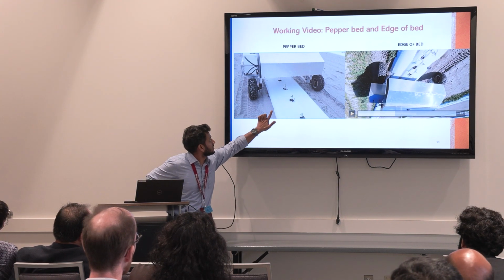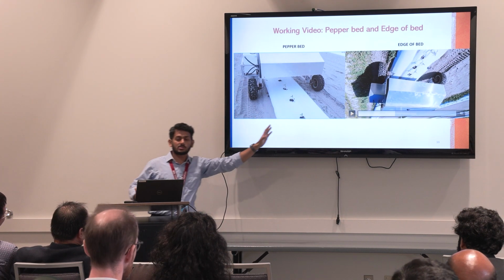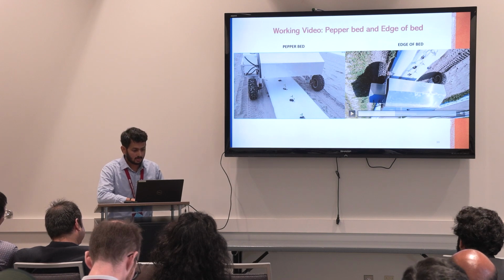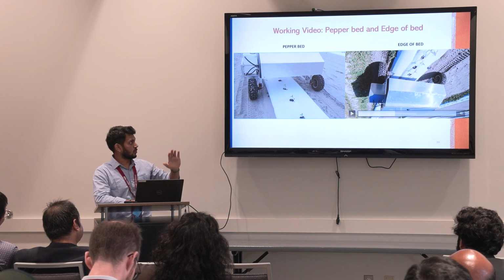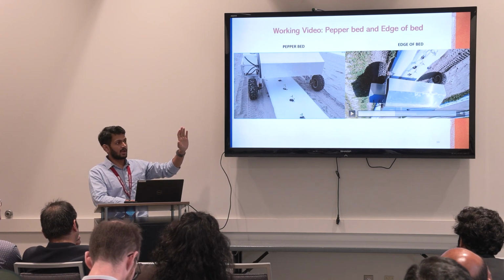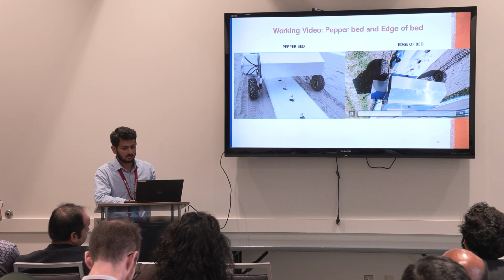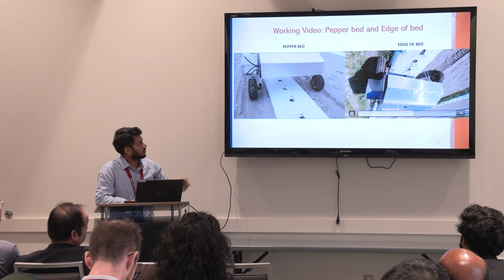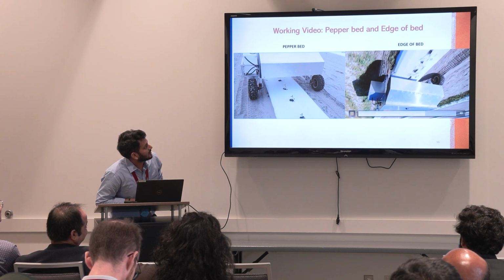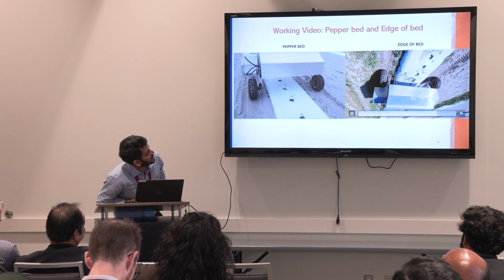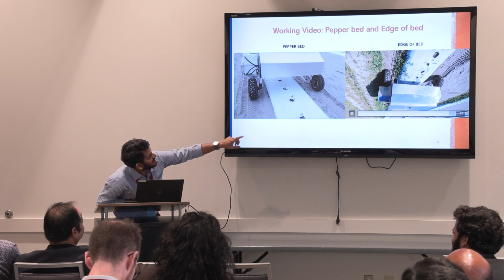These edges on this side and that side are a tricky place to spray. And because of the constraints of the camera position, we had to move it to one side while spraying. I'm sorry, I don't know why it got rotated, but it is spraying somewhere.